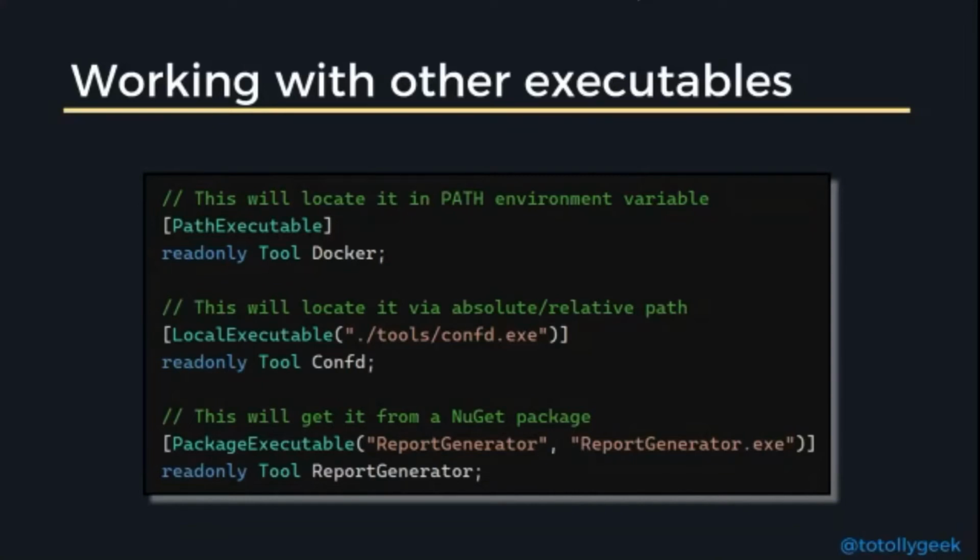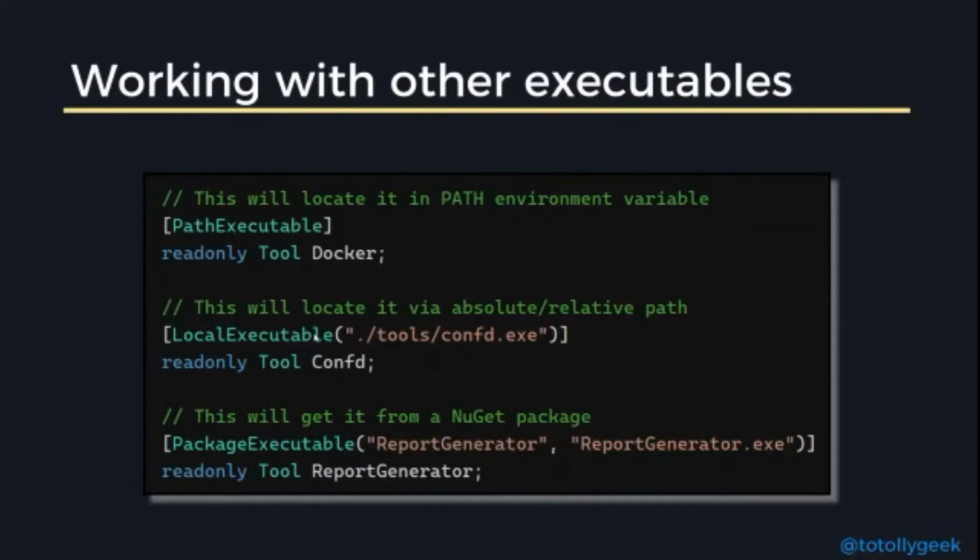You can very easily do that here. If I just declare a Docker property and I put the path executable attribute, Nuke will automatically search for a Docker executable file inside my path system environment variable and link it to that property. So when I call docker.invoke or call, I can easily do that.